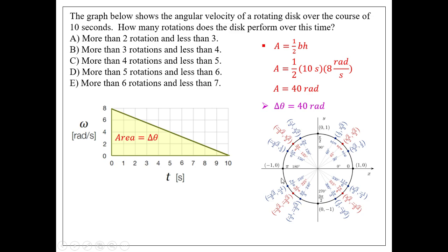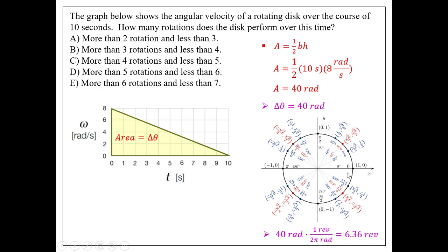Well, to convert 40 rad to the number of revolutions, you can use a couple of conversion factors here. You can use pi, which is equivalent to 180 degrees, or over here you can use 2 pi radians is equal to 360 degrees. I'm just going to use 1 rev is equal to 2 pi rad. Again, you don't have to, you can do whatever you want.